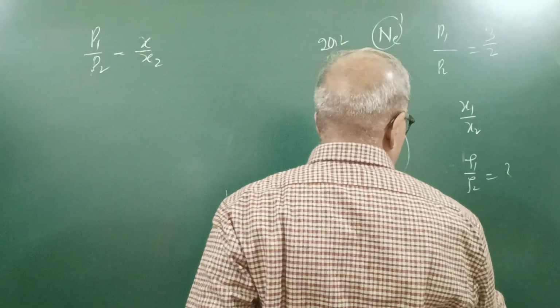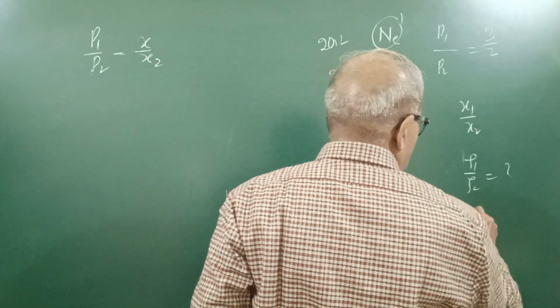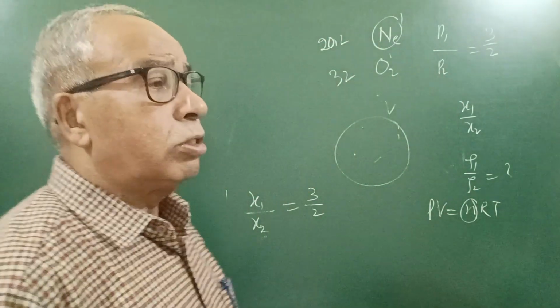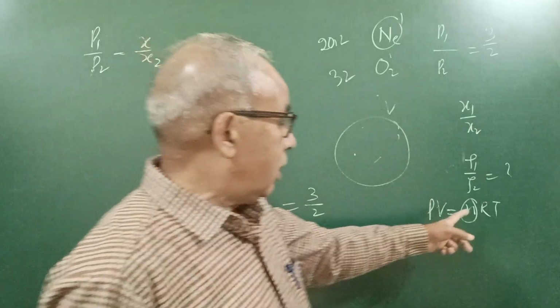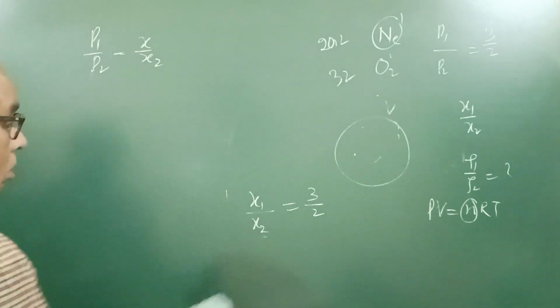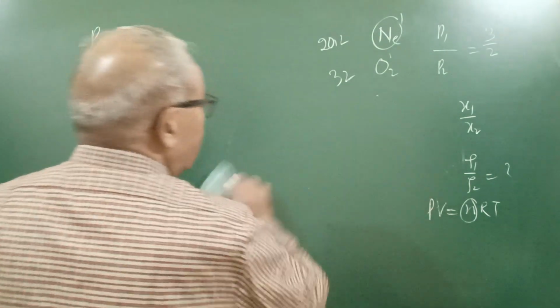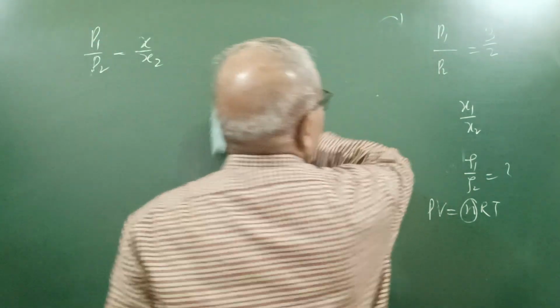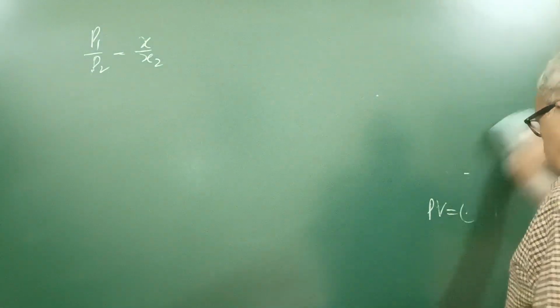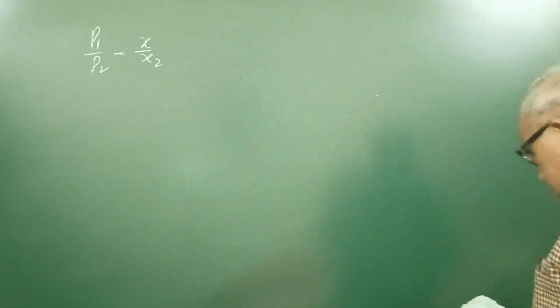Very clear. PV is equal to nRT, with n the number of moles in terms of number of molecules, X upon capital N, Avogadro's number. There is one law in chemistry. Sorry, I forgot the name, now I remember.